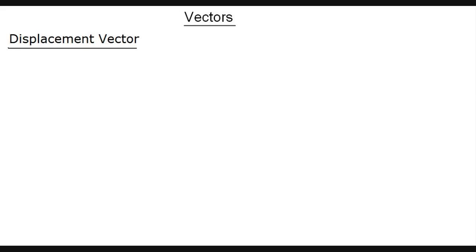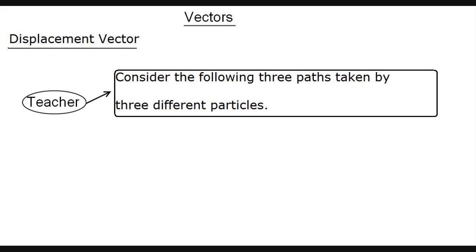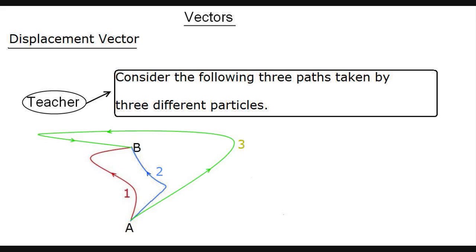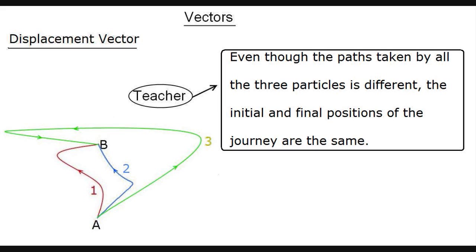We will now discuss the concept of displacement vector. Consider the following three paths taken by three different particles. Even though the paths taken by all the three particles is different, the initial and final positions of the journey are the same.